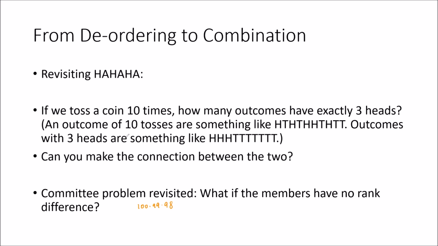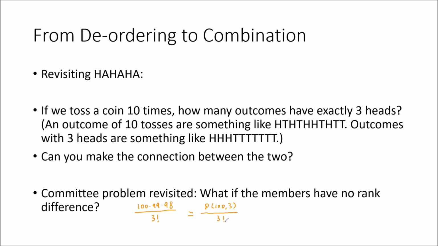You deorder them by dividing this product by 3 factorial. So that's the answer for this problem if the members have no rank difference. We know that the numerator is a permutation, P(100, 3), and then you divide by 3 factorial.